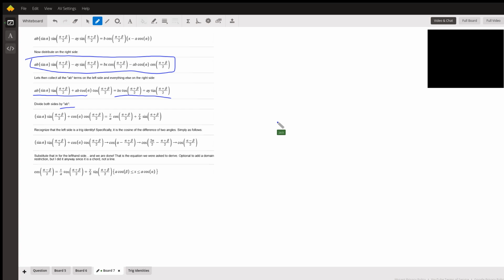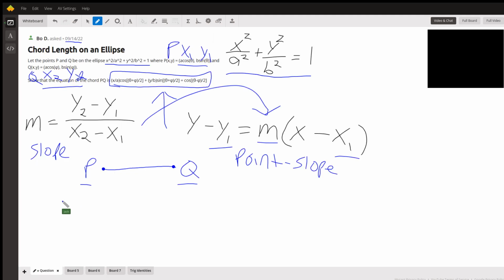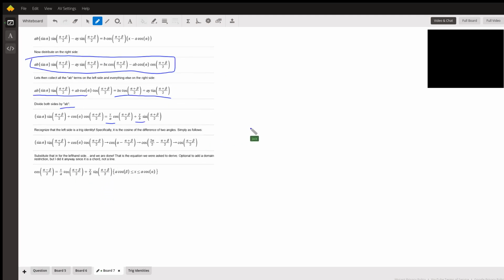And on the right-hand side, we're going to have x over a in front of the cosine term and y over b in front of the sine term. And that's good because in the original question, it asks us to have it in that form, x over a and y over b. So the right-hand side is basically done.